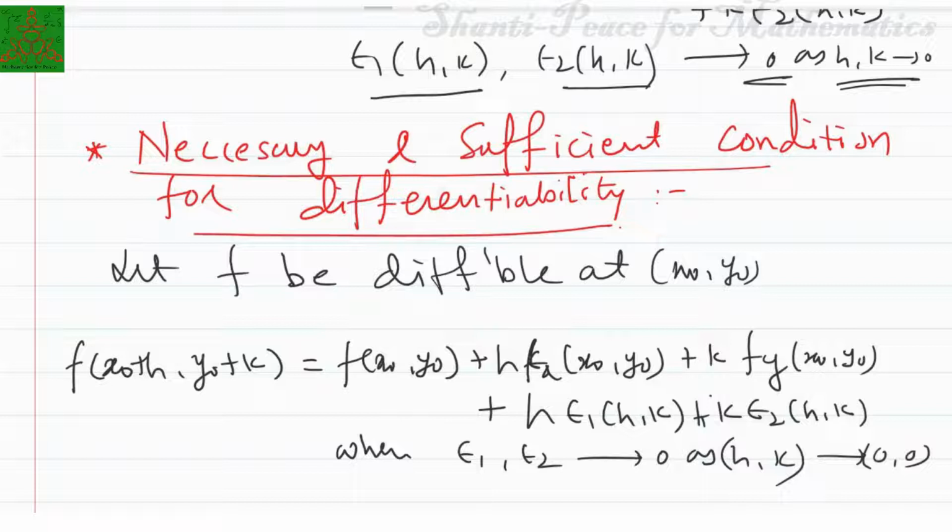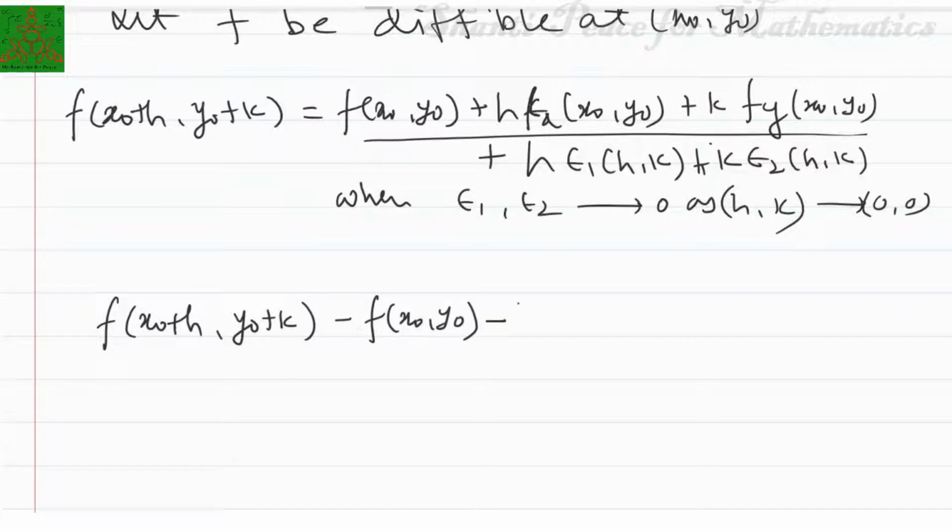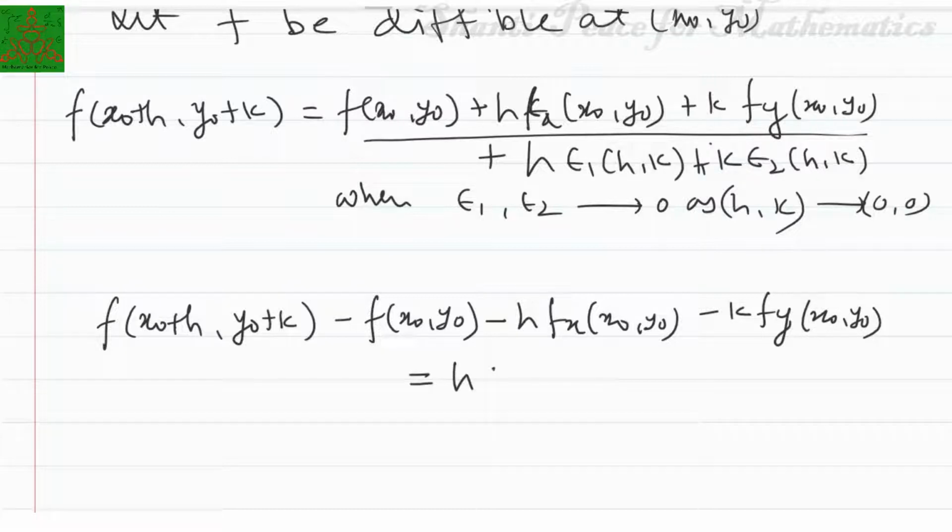Now I am taking this quantity on the other side. So this will be represented as f of x0 plus h, y0 plus k minus f of x0 y0 minus h into fx at x0 y0 minus k into fy at x0 y0. What is left on the other side is h into epsilon 1 hk and k into epsilon 2 hk. Now I will divide both sides by square root of h square plus k square.